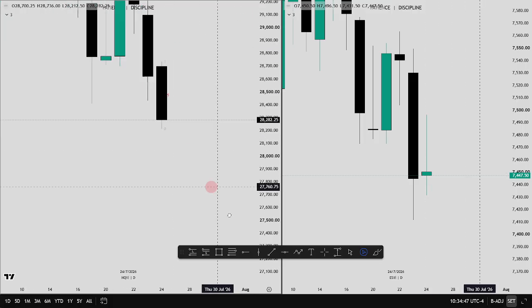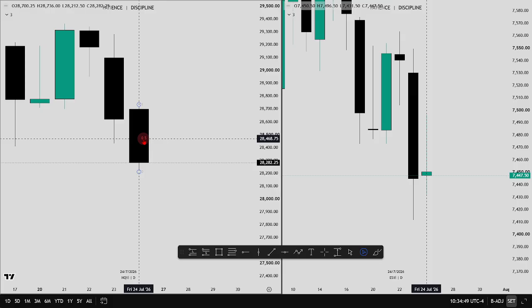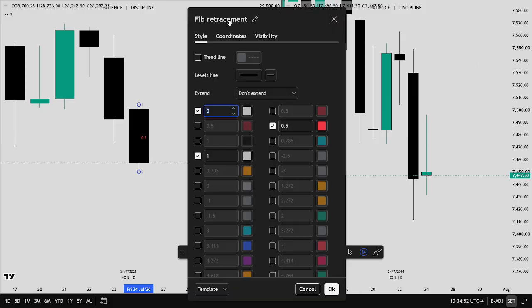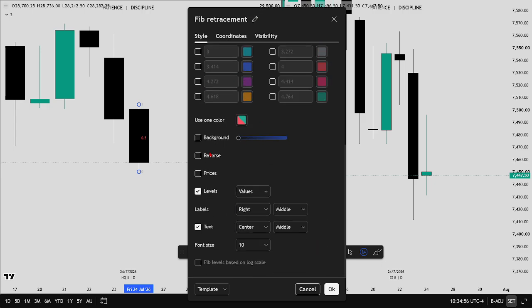Let me make these lines visible for you, so this line.